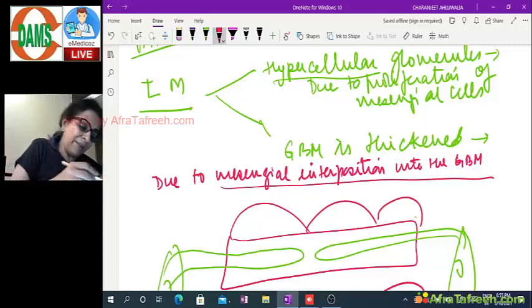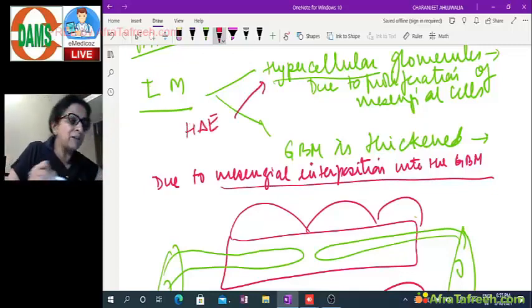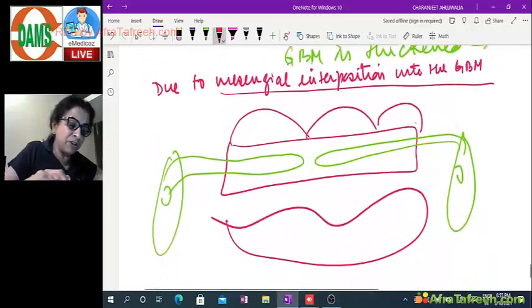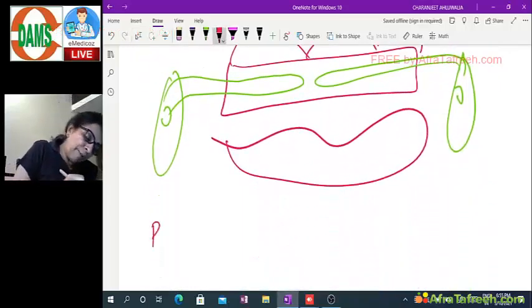Now, by light microscopy, by H&E staining, you saw that the glomerulus was hypercellular. Now the mesangium is thickened, the basement membrane is thickened due to mesangial interposition. We want to see this also. So now do a PAS or a silver stain.